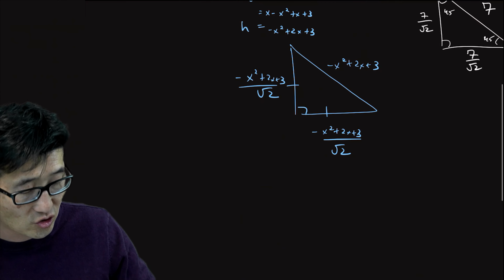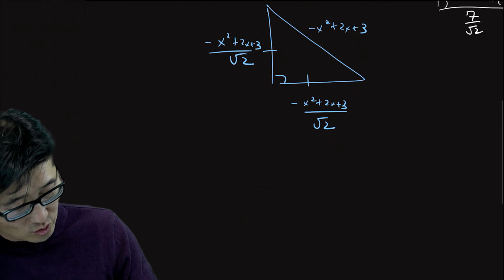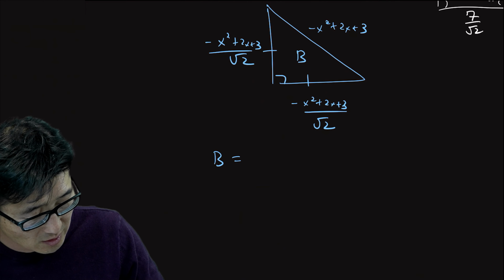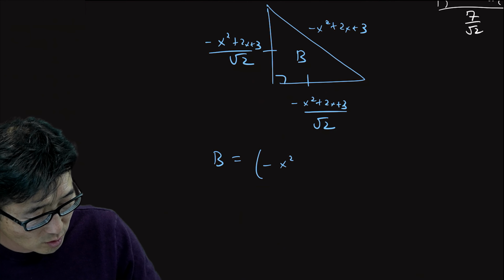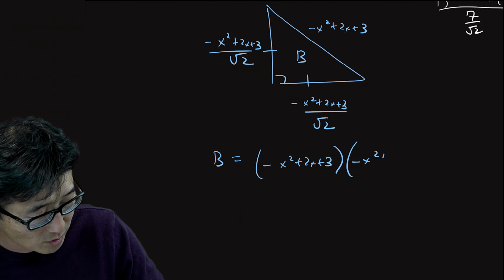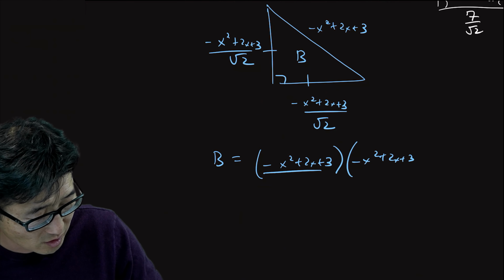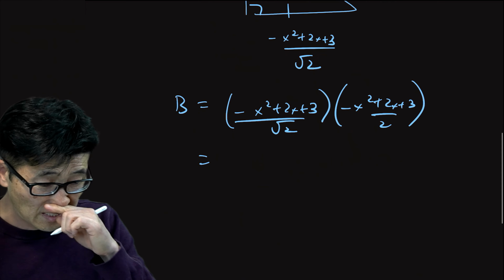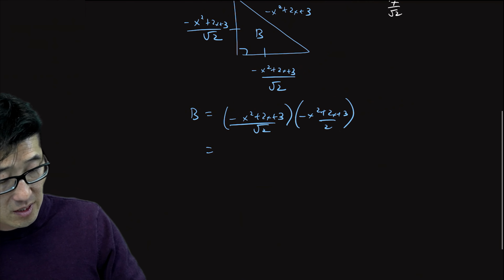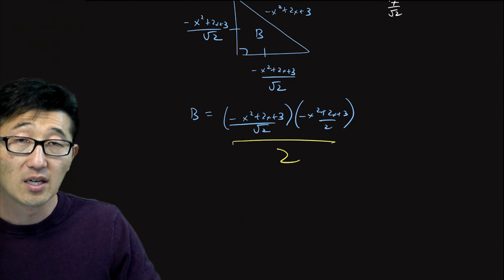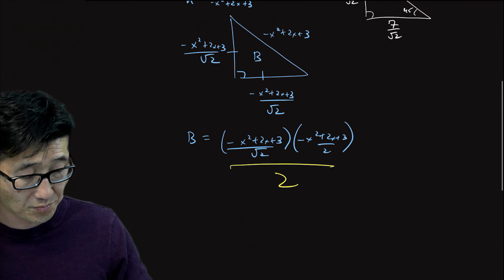The area of that triangle, which technically we're going to call the base, is negative x squared plus 2x plus 3 times negative x squared plus 2x plus 3, oh sorry, I forgot the radical 2. One more thing: the whole thing has to be divided by 2 because it's a triangle, base times height divided by 2.